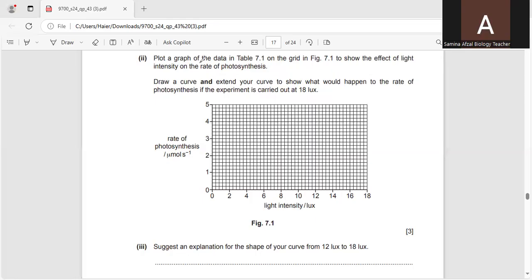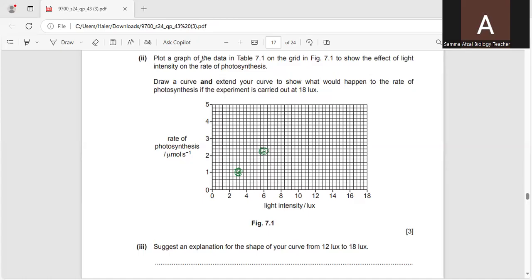So it will be in the center of this. So it will be about in this way. And the third value, on light intensity 6, is about 2.2. So at 6, it is 2, and 2.2 is about over here.